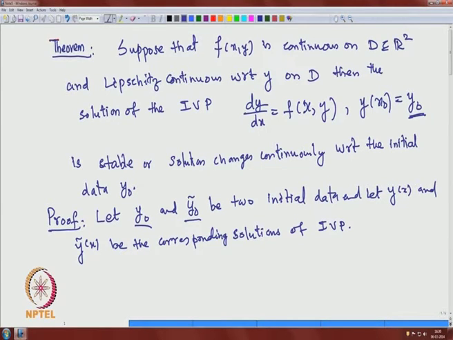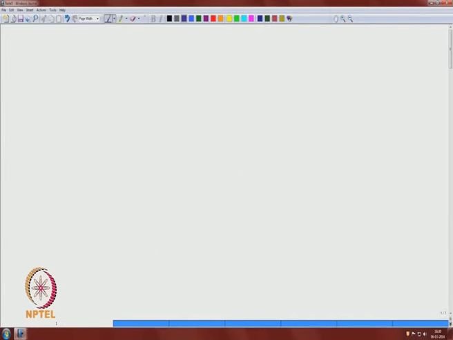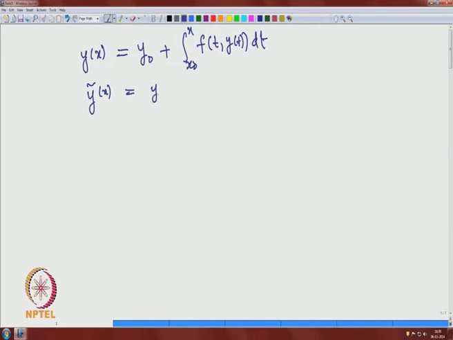So, therefore, corresponding to y0 we have the solution y of x is equal to y0 plus integral x0 to x of f of t, y of t dt, and with y0 tilde the solution y tilde of x is equal to y0 tilde plus integral x0 to x of f of t, y tilde of t dt. So, there are two solutions.